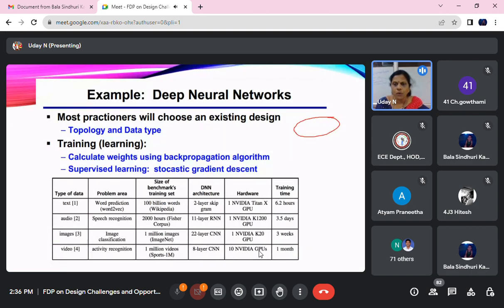So we keep on training the neural network in such a way that the error minimizes and comes to a minimum point. Initially the difference between the expected output and the actual output is high, and through a number of iterations, slowly the error drops down to zero.